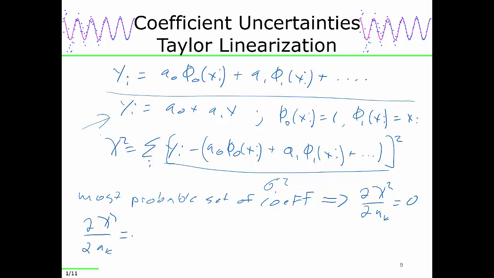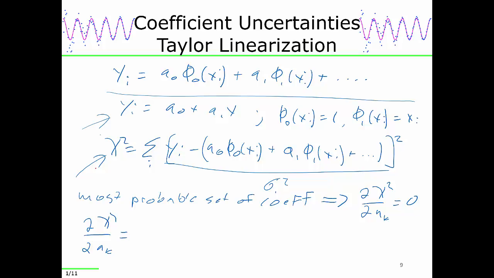So let's just take the derivative of chi squared with respect to a sub k. Chi squared is given here. If I take the derivative of that with respect to a sub k, what do I get? A mess. Right? Chain rule. We can do one thing to simplify it.